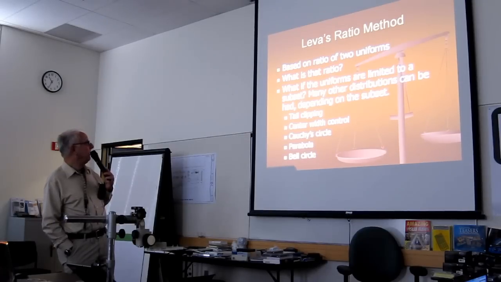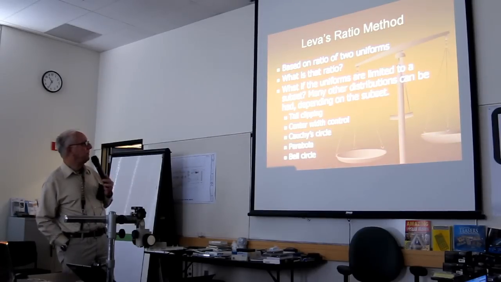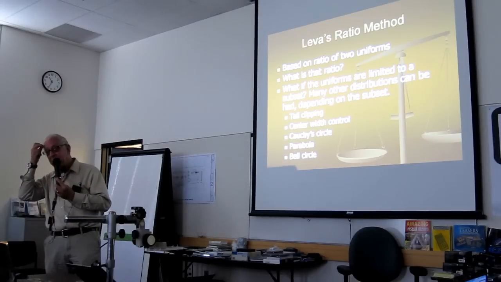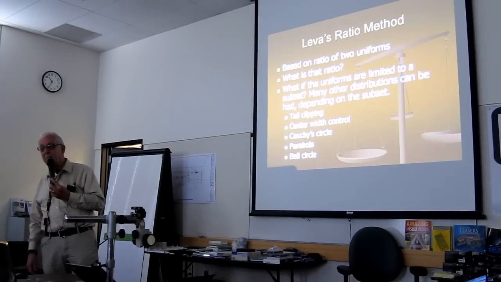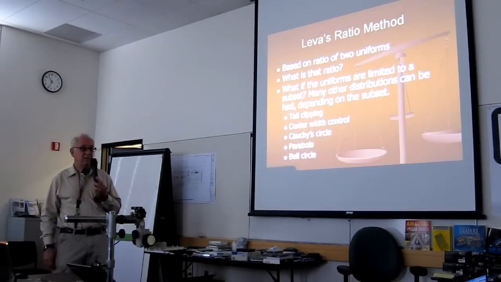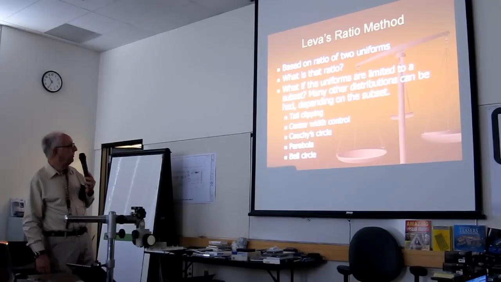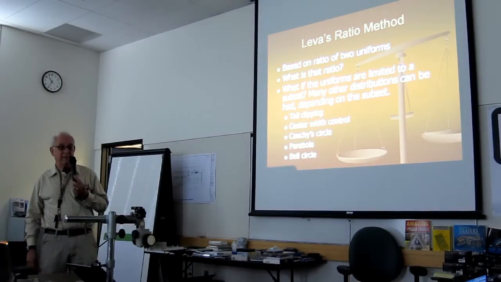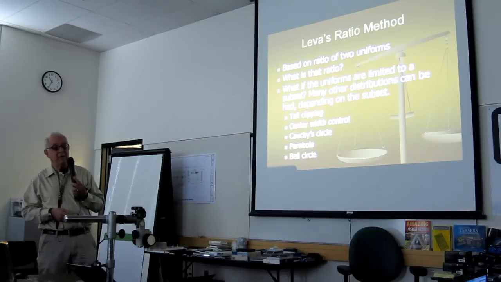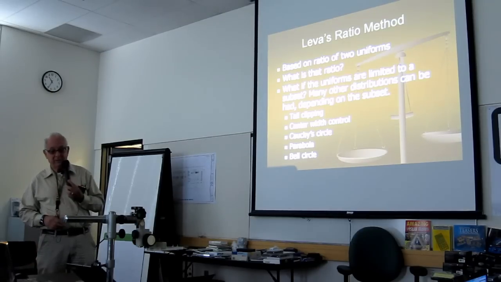Now here's Leva's ratio method. It turns out, as I mentioned, the ratio of two uniform random numbers. You take one of those two uniform random numbers, call them x and y, and you transform the y.